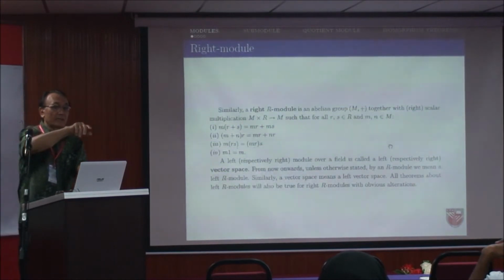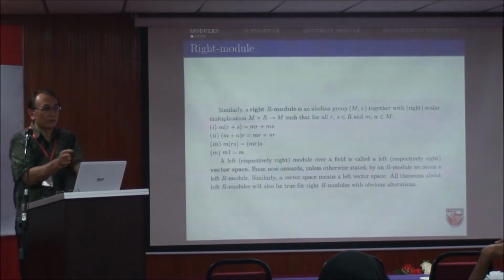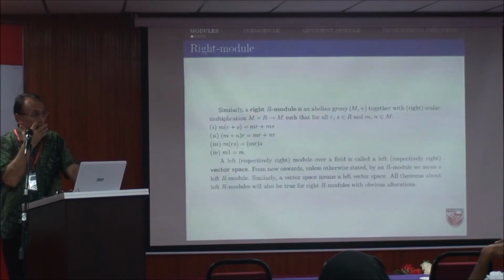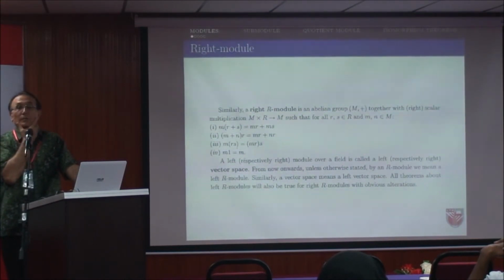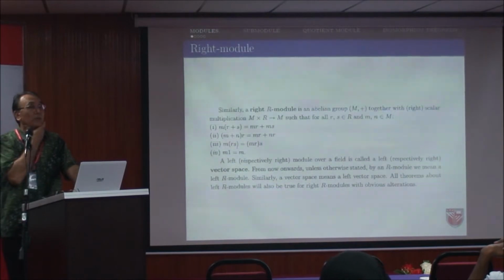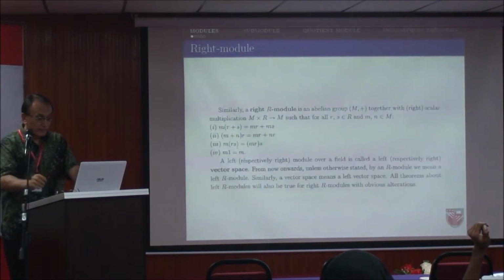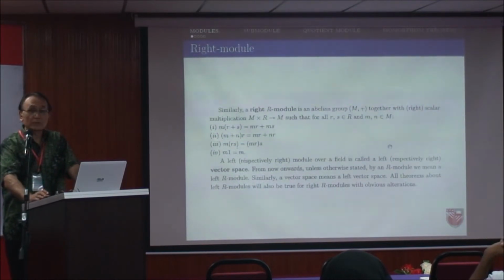If you have some result for left R module, then you can convert it to right R module. But each module must be over a commutative ring. You will see later on why commutativity is important.